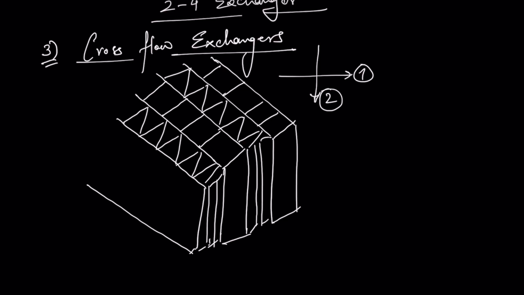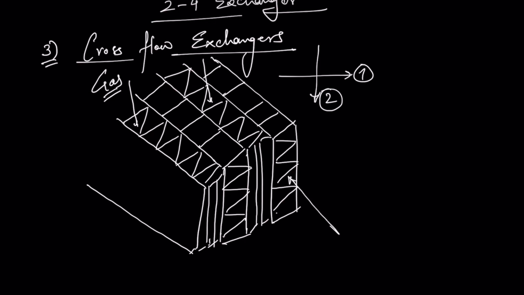So suppose one fluid is gas and it is flowing here in these baffles. And this second set of baffles is like this. Here in this second one, air is flowing.